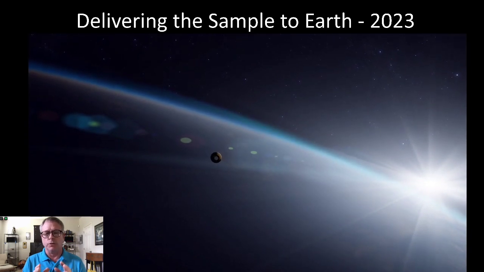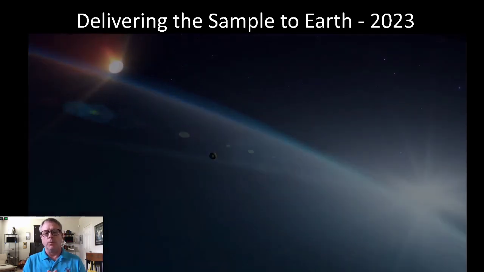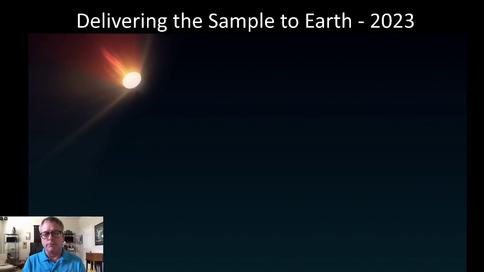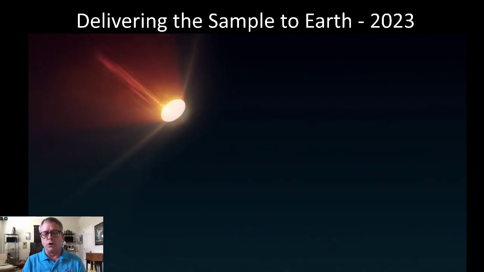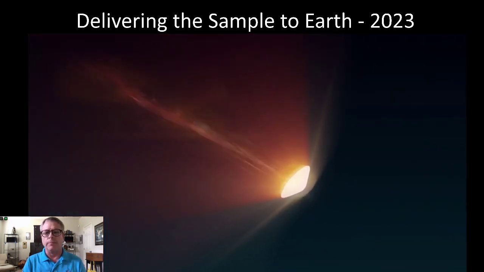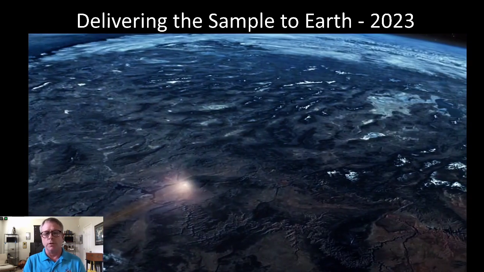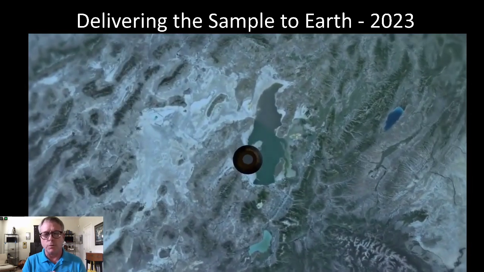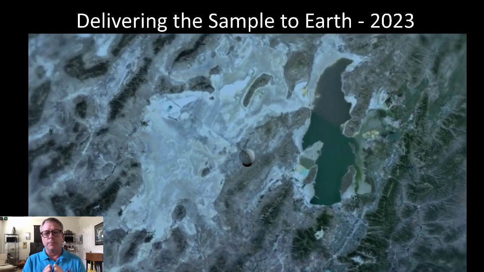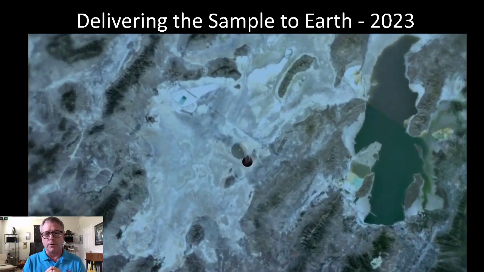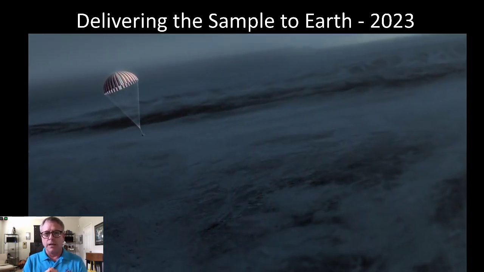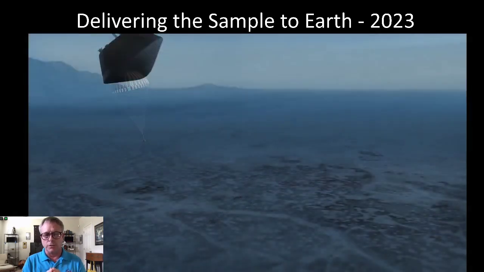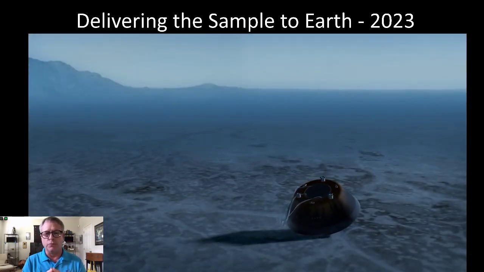It goes to the curation facility, where in a very sterile and clean environment, the canister is opened up for the first time after returning to Earth in September of 2023.